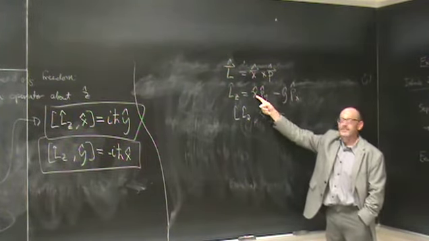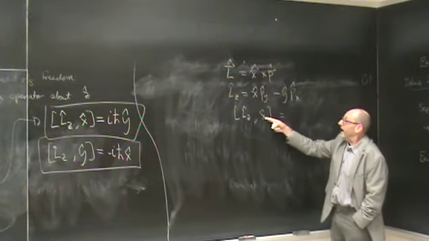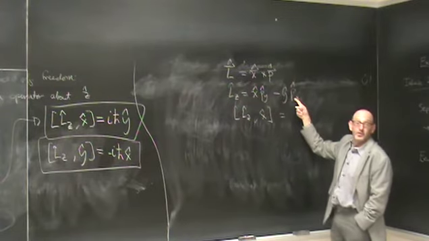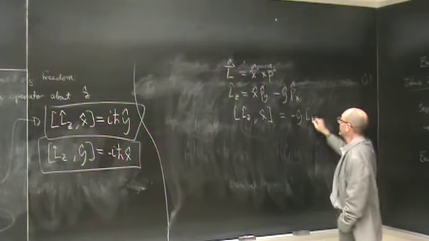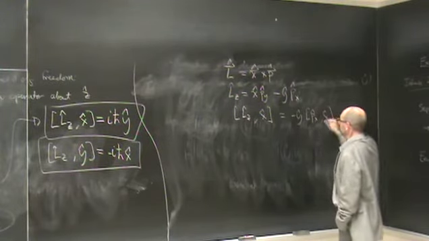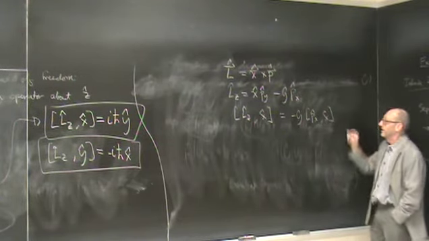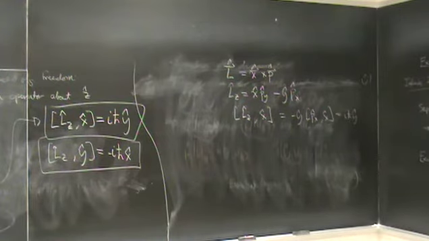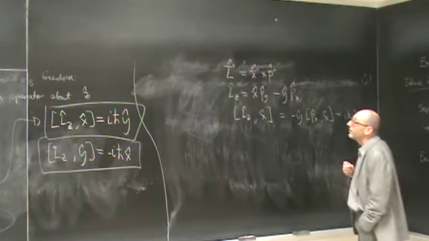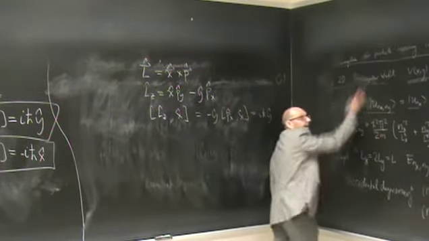X commutes with x. X commutes with py, right? X commutes with y, but x doesn't commute with px. And the commutator, so this is minus y, the commutator of px with x. And what's that? Minus i h bar. Yep. So it all works. So it's self-consistent. LZ is the generator of rotations around the z-axis. Now we would like to do this more generally in 3D.